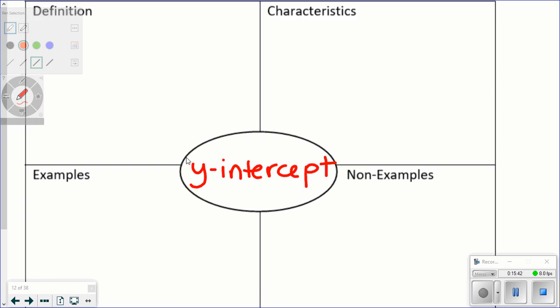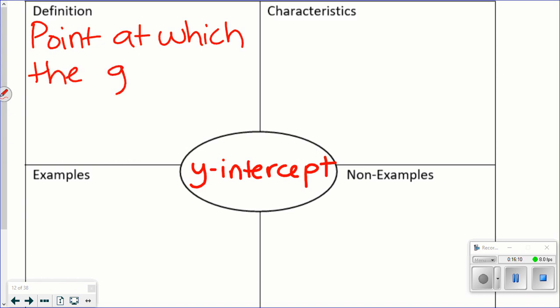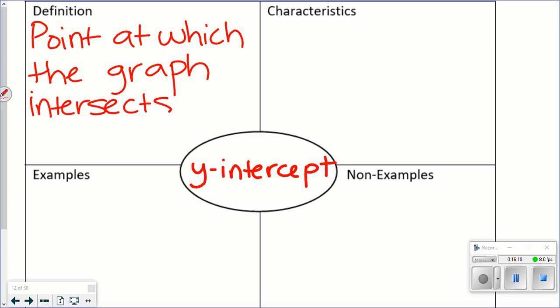So the y-intercept: the point at which the graph intersects the y-axis.